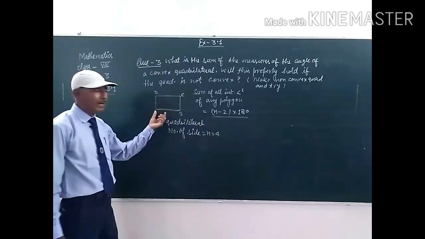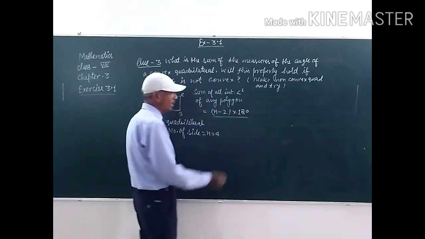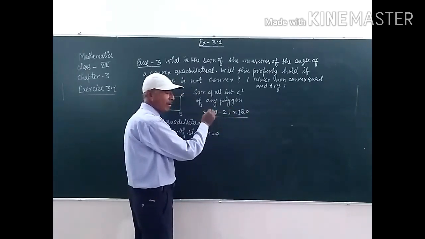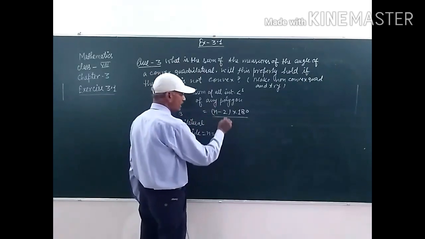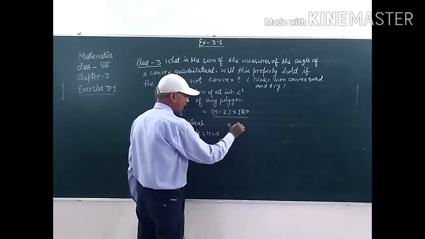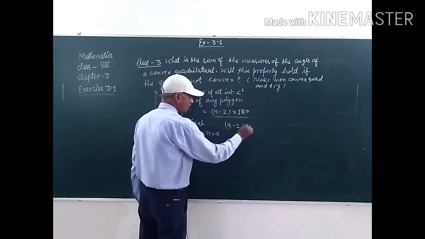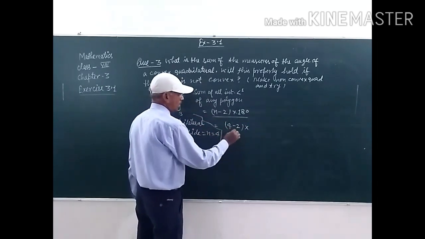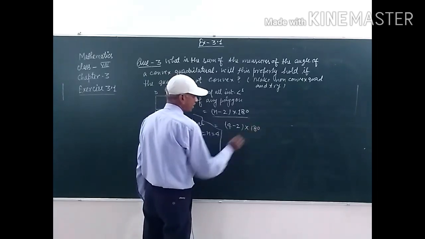Now we have to use this formula to find the sum of all interior angles, and this one will be (4 minus 2) into 180.